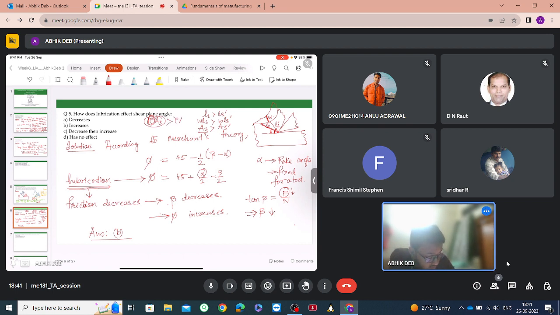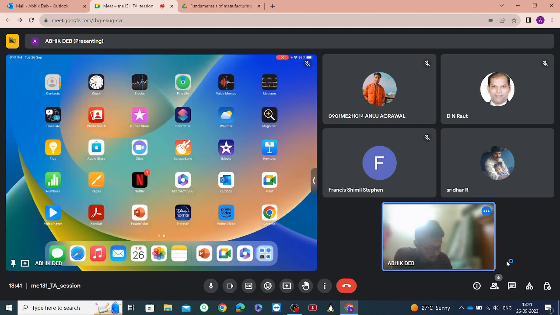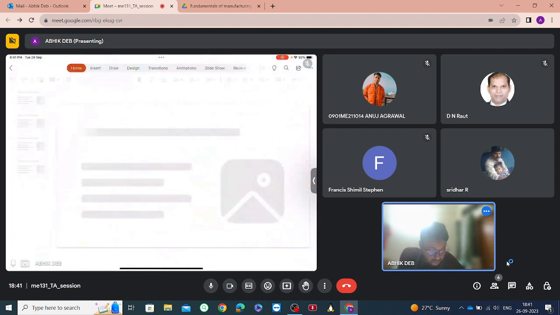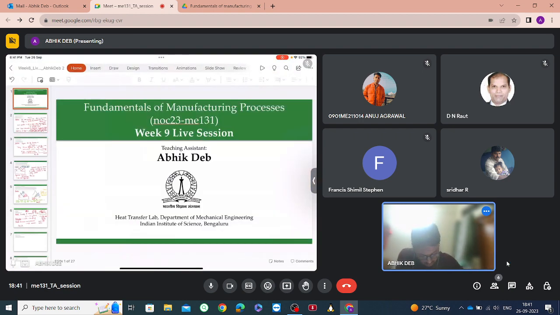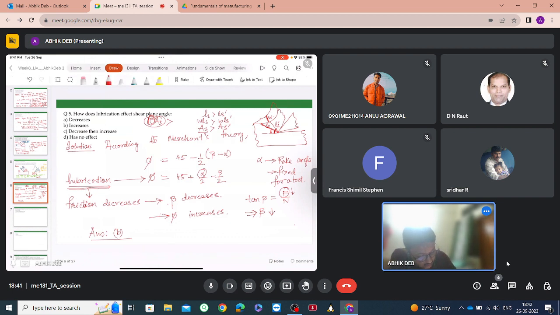So fs is greater than fs dash. The force required for shearing in case of a lower shear plane angle is greater than the force required if the shear plane angle is larger. So the power consumption increases if the shear plane angle is reduced, and if the shear plane angle is increasing, then the power consumption will reduce. So is it clear to you?